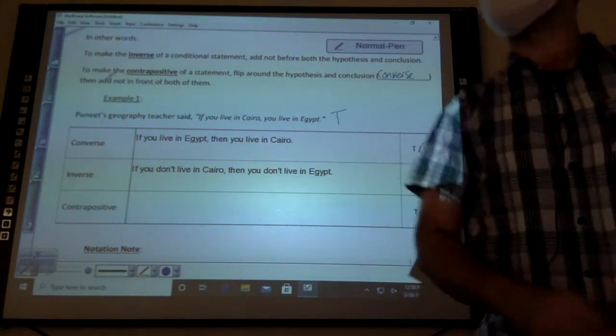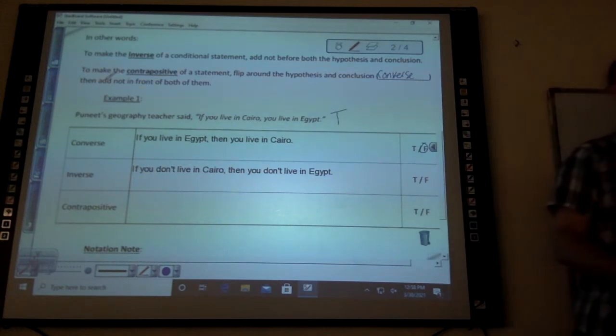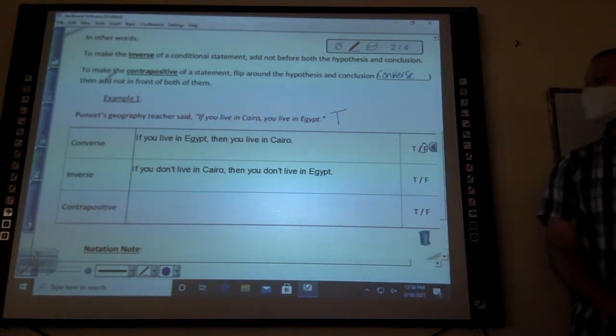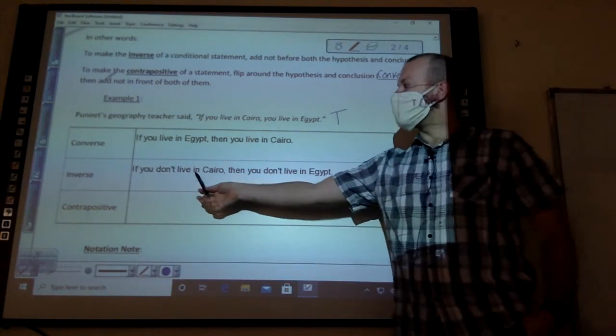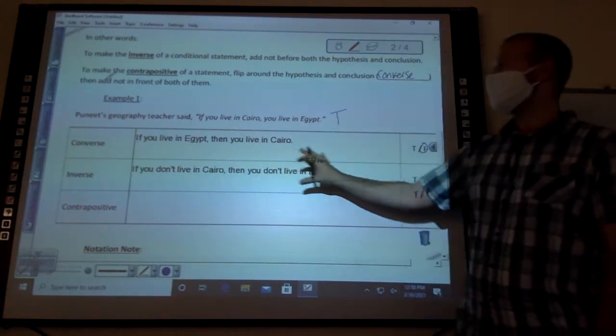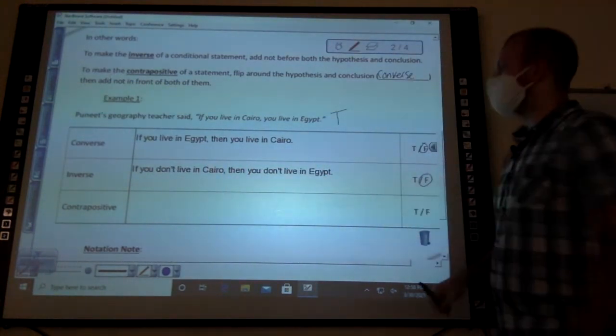Would that be true or false? False? Give me a counterexample. Same thing as the last one, right? So think about a place where you don't live in Cairo. So make this part true, but make this part false. So that's also a false statement.